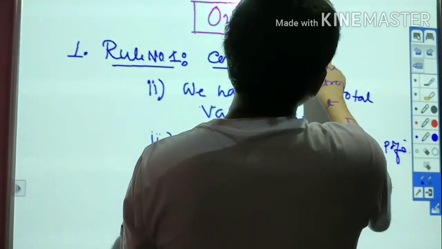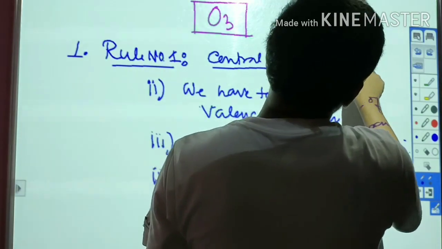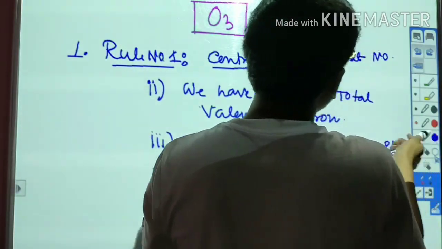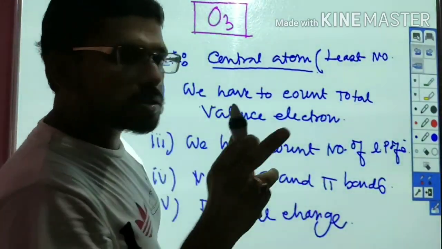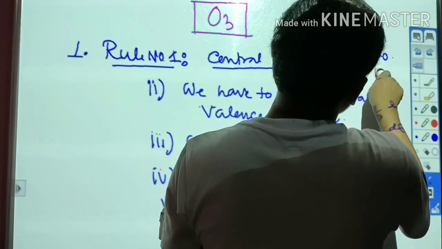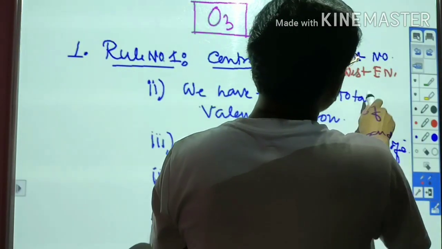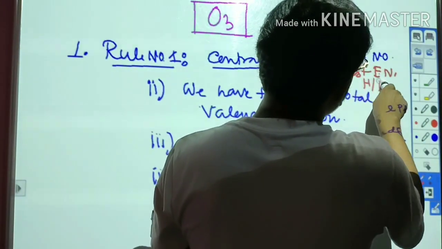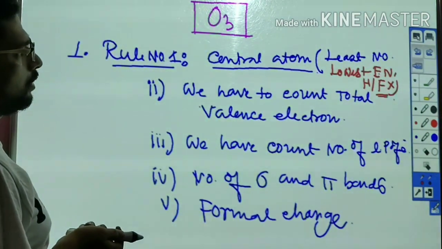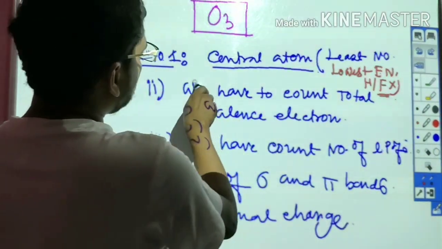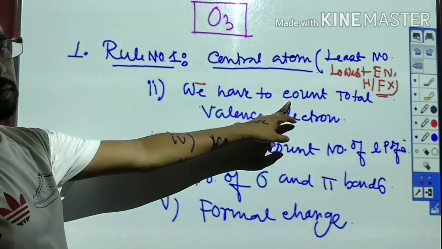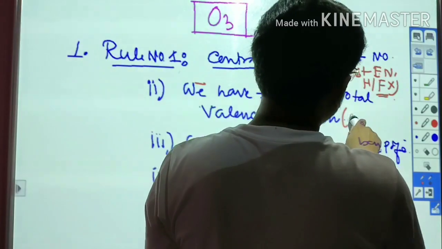Central atom: the least electronegative, lowest electronegativity element will be the central element. Hydrogen or fluorine cannot be the central element. After that, we will count the total valence electron, including charge.